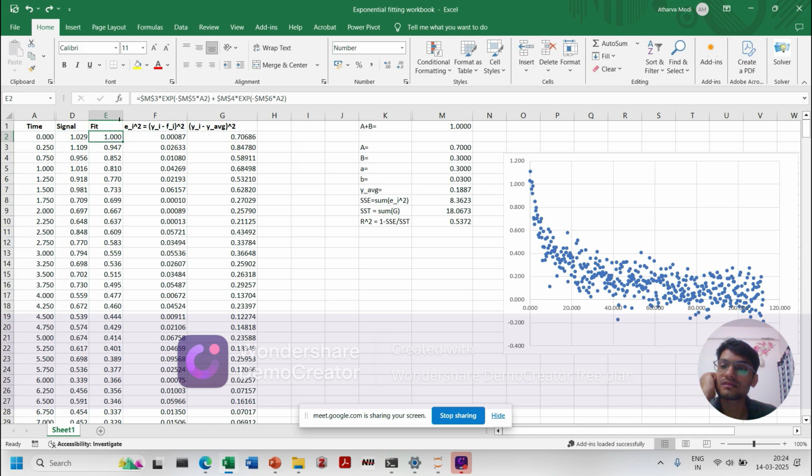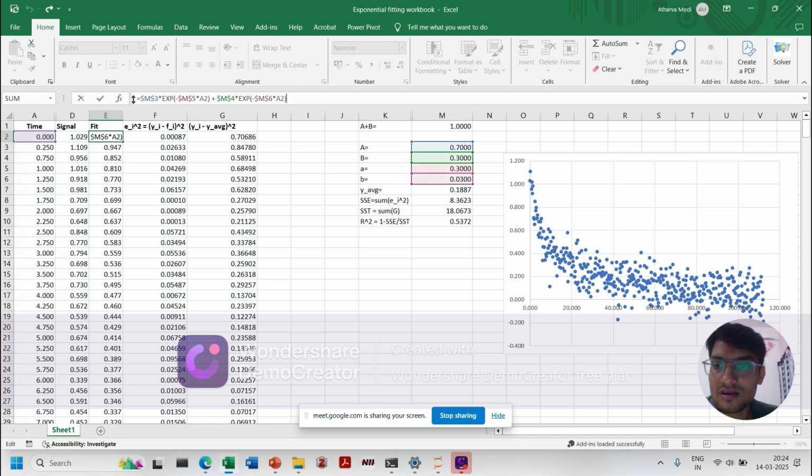So I put the formula for the fit as this: capital A into exponential of minus a into time plus capital B into exponential of minus b into time. So this is my fitted value, right?